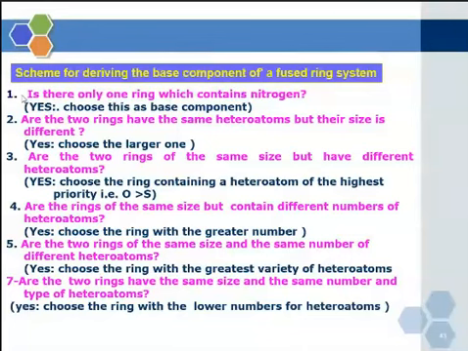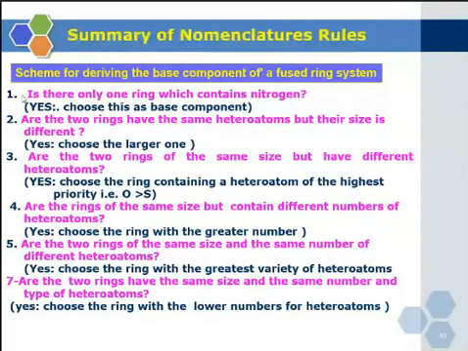Do the two rings have the same size and the same number and type of heteroatoms? Then we have to choose the ring with the lower numbers for heteroatoms. So this is the summary of the nomenclature rules. With this, we come to an end of the various methods of nomenclature for heterocyclic compounds.